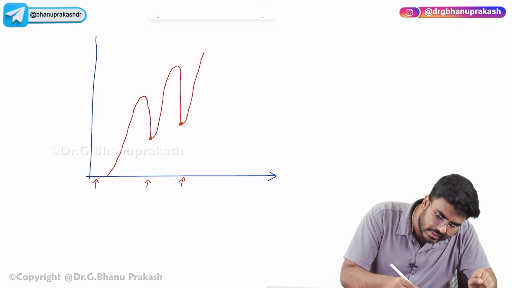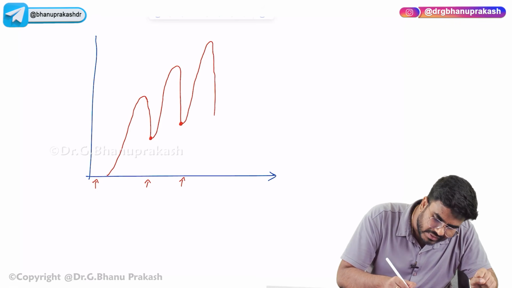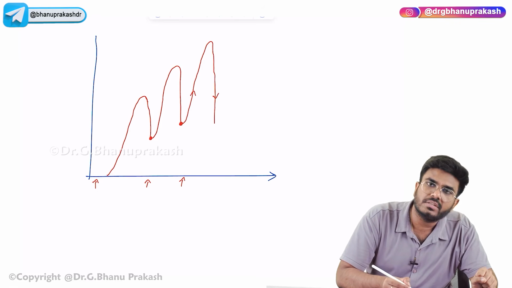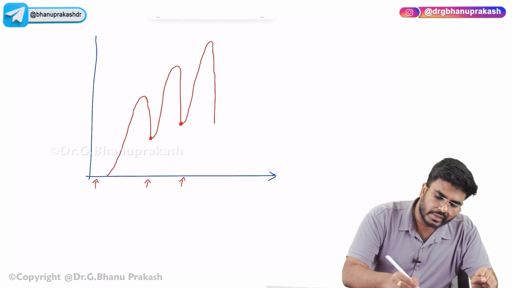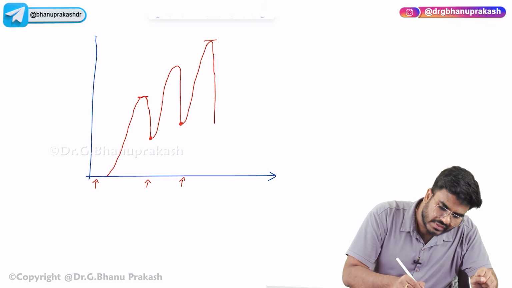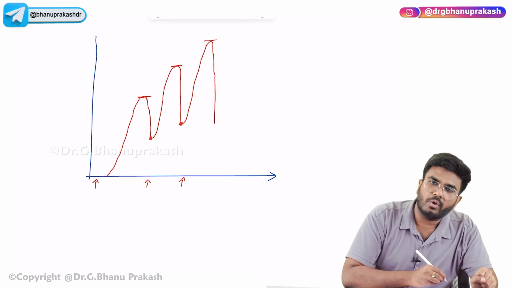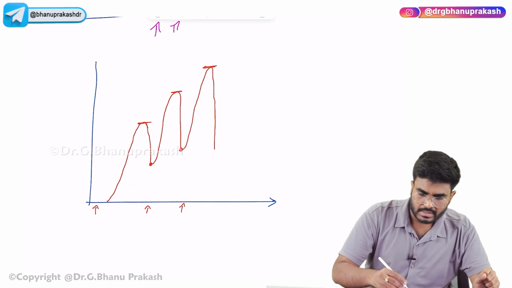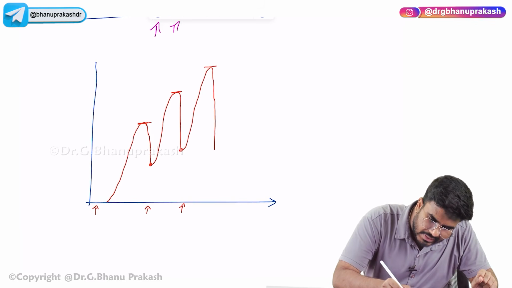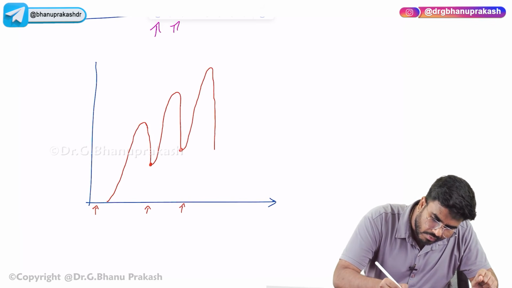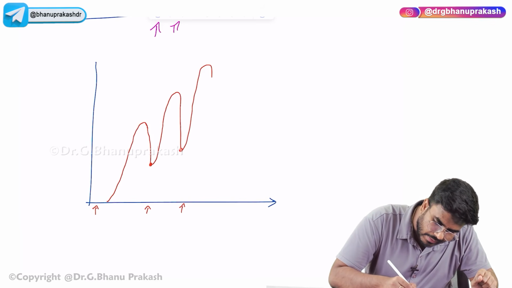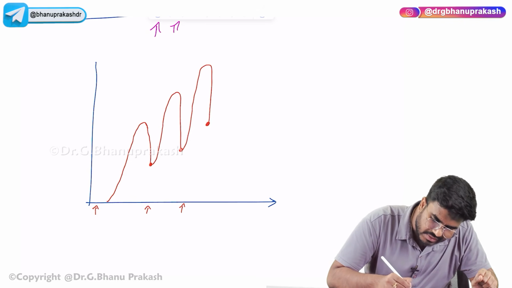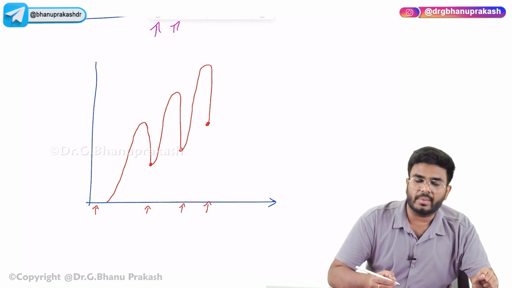So see, this is the third muscle twitch, contraction, relaxation. Look at the force. First one is generating less force, second one is generating more force, and third one is generating even more force. You know the reason. And again this muscle is getting relaxed. But even before its relaxation, one more time, for the 4th time, I am stimulating.